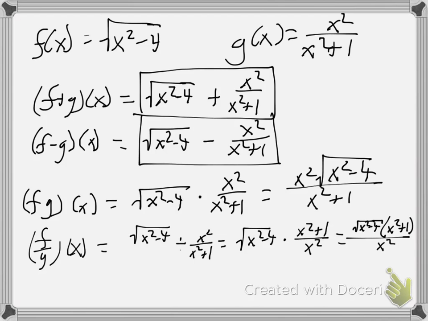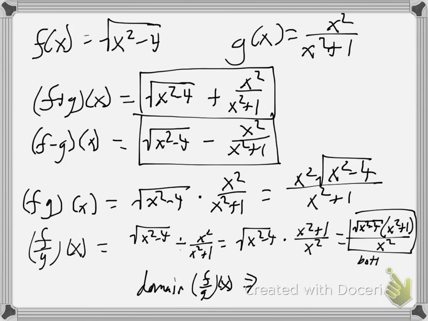Now then, for that last one, it says, what is the domain of f over g of x? And that would be this function right here. What is the domain of it? Well, I can plug anything into the top and I'm fine, because if I plug a negative into x squared, it's going to become a positive, so I don't have to worry about the square root. But the bottom can't be equal to 0.